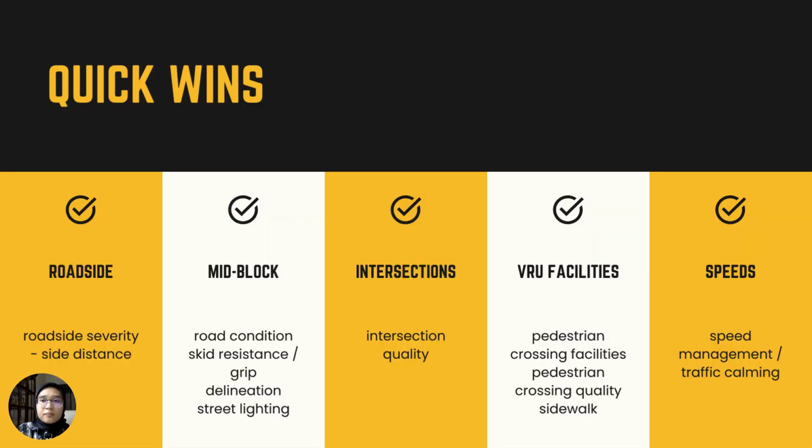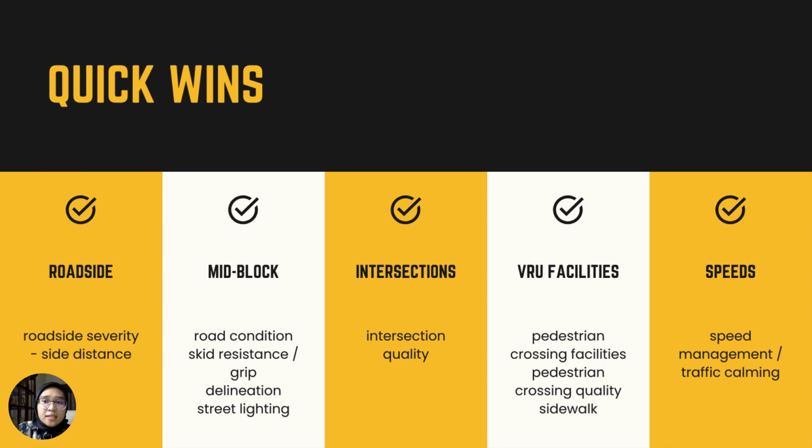study. For iRAP at UiTM campus, these are the significant elements that are modified to improve the star rating. Firstly, it is roadside, and the modified item was roadside severity and sight distance. Secondly, the mid-block element, and the modified items were road condition, skid resistance, delineation, and street lighting.